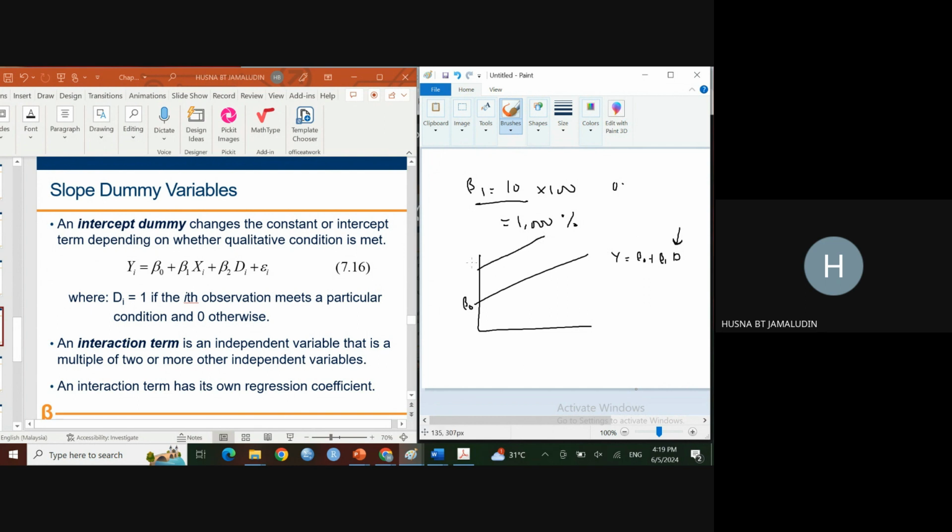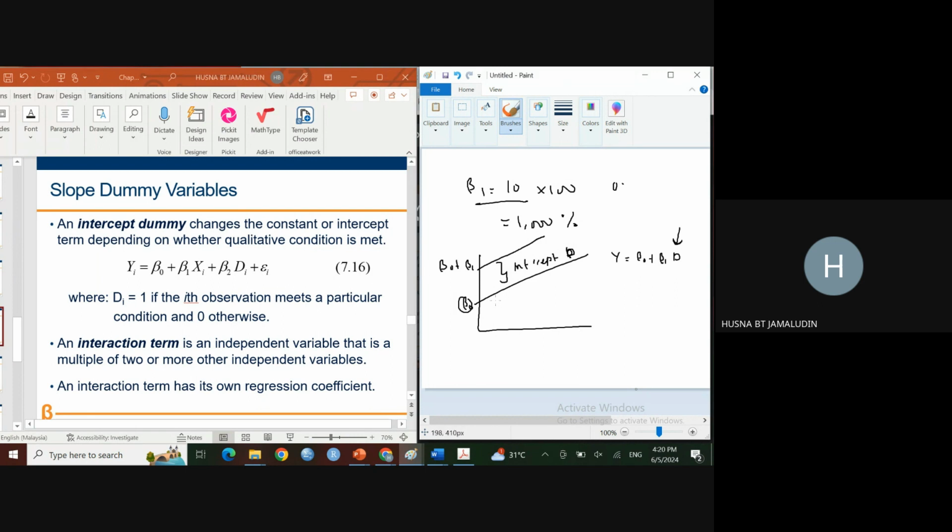So you have your beta naught intercept plus the intercept for the dummy, perhaps beta 1. Whenever you have the dummy, it will have a different intercept.